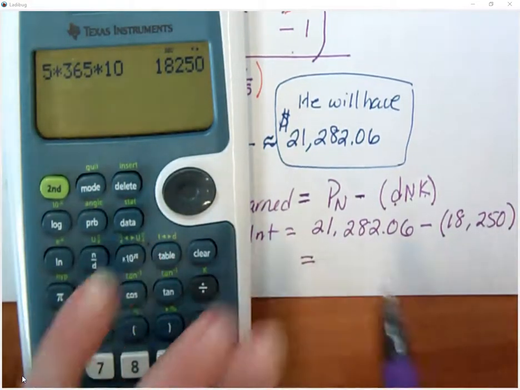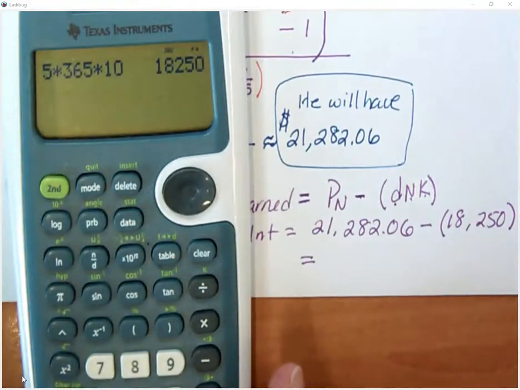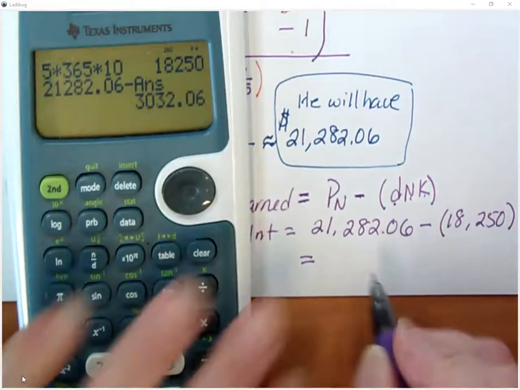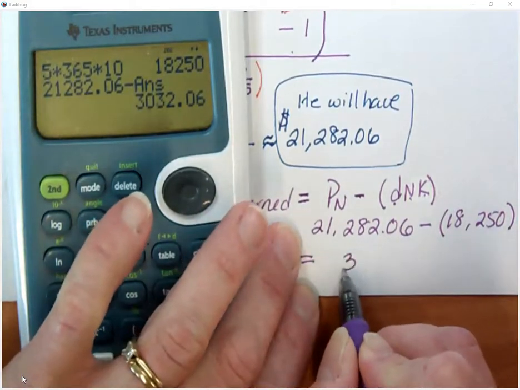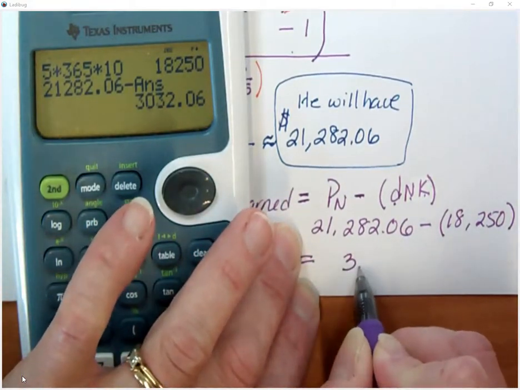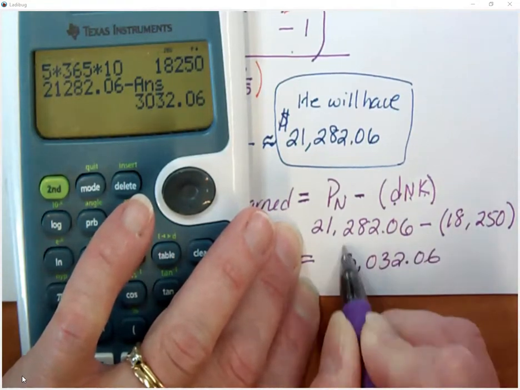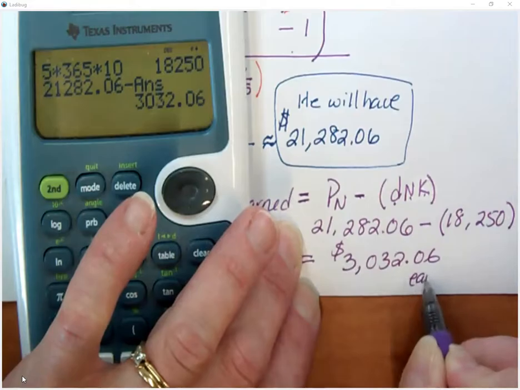So if you just think of it that way, and then you can just leave that right in your calculator. Take your $21,282.06 minus that answer, and you should get $3,032.06 earned in interest.